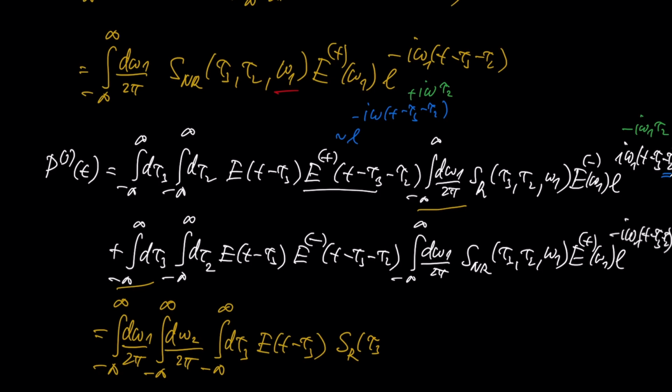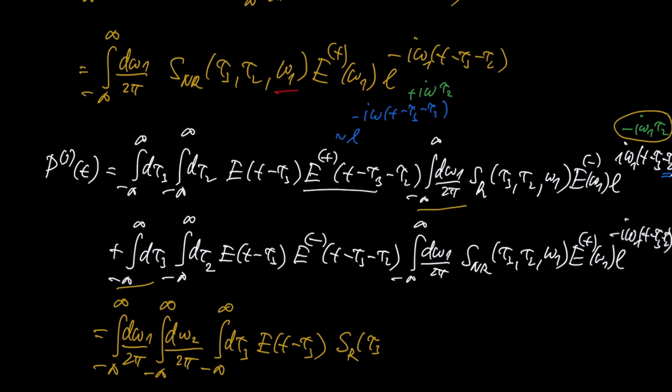And now let me see what's the argument that we have here. If we integrate over tau 2, we have this, and we also have in the Fourier transform some omega 2 occurring. So now this is a Fourier transform. If we write for E plus, we have the factor of e to the power of minus I omega 2.